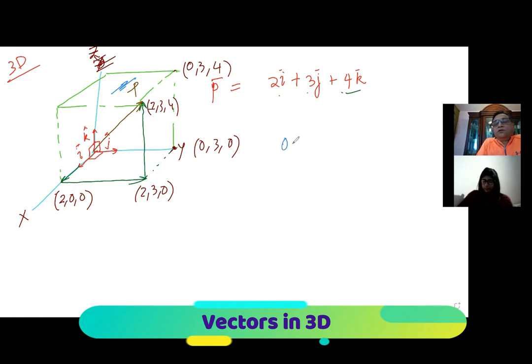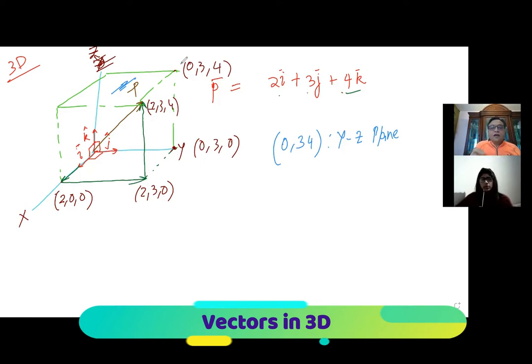So the point 0, 3, 4 is in which plane? It is in the YZ plane. You see? It did not move along X. It is like the wall opposite to you when you're sitting. That point lies on that wall. So that one didn't touch the X plane at all.